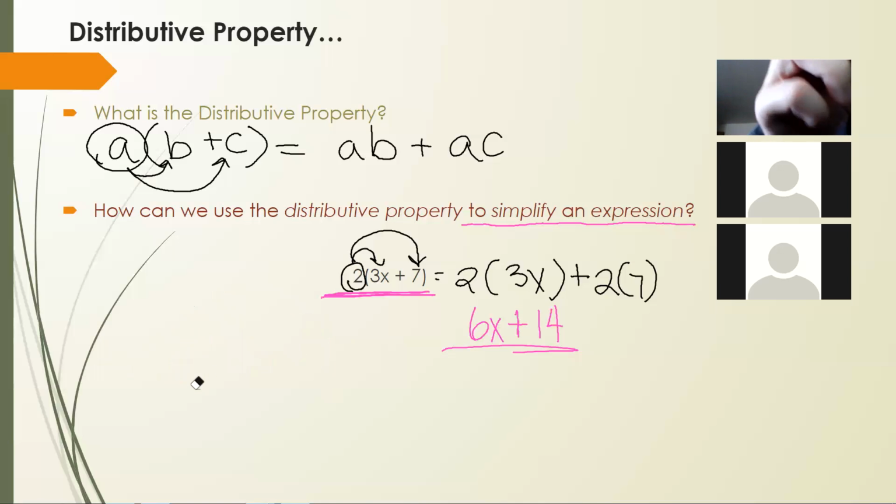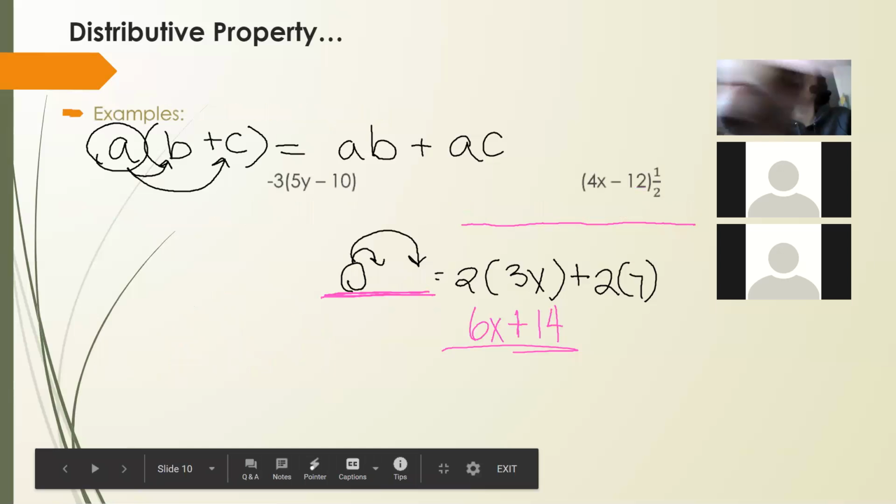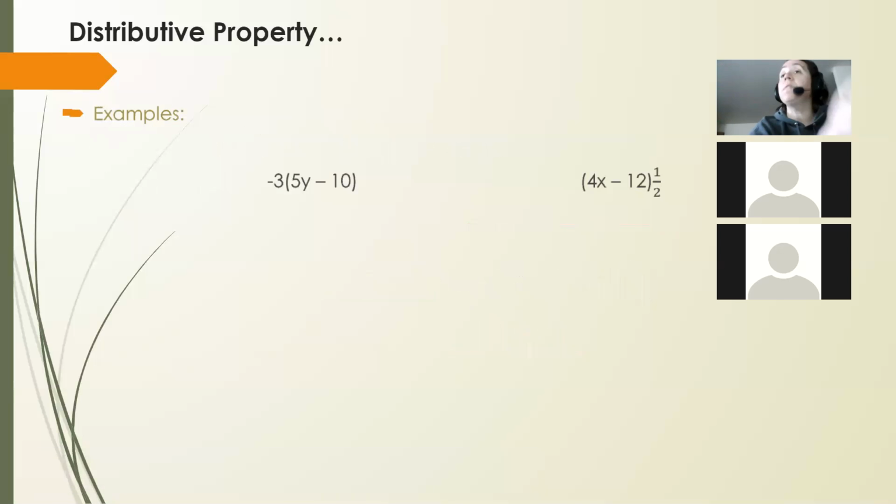Okay, cool. All right, so we're going to do a few examples. Take a look at this first example. Now, whenever you have a negative in the parentheses, it makes it a little trickier.